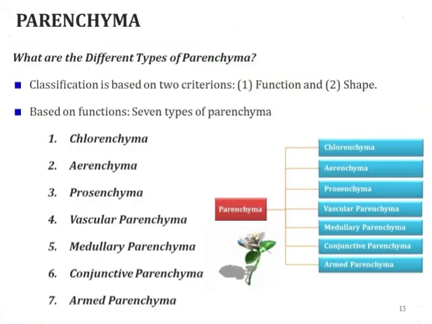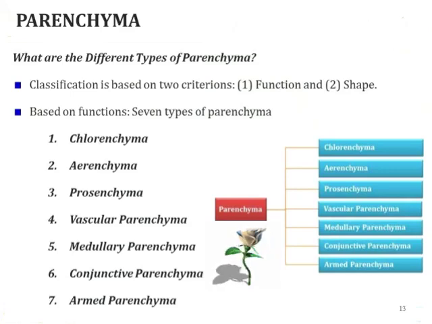So here we have the different types of parenchyma. Parenchyma is basically classified on the basis of two criteria: one is the function and the second one is the shape.